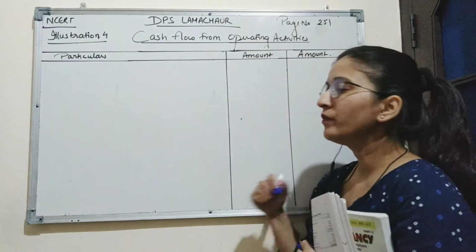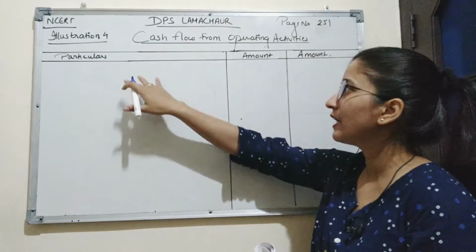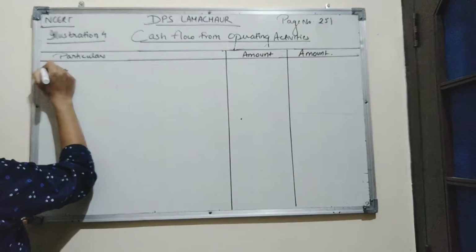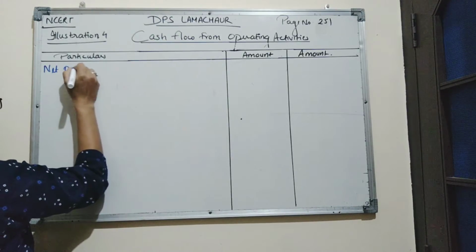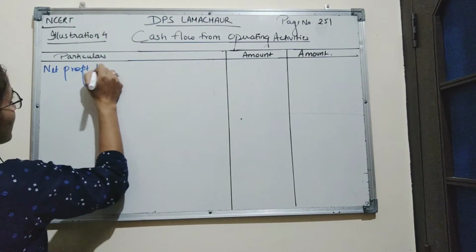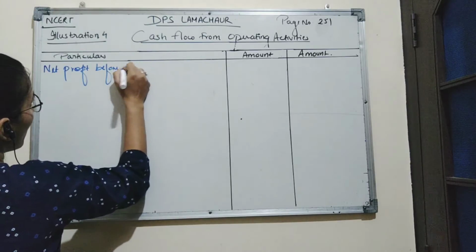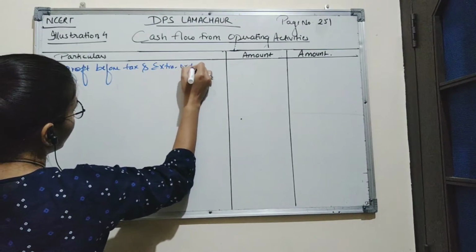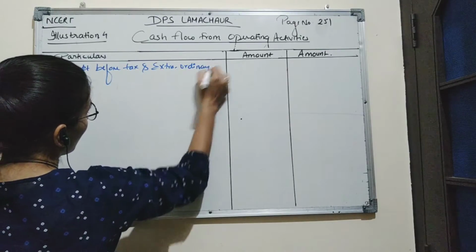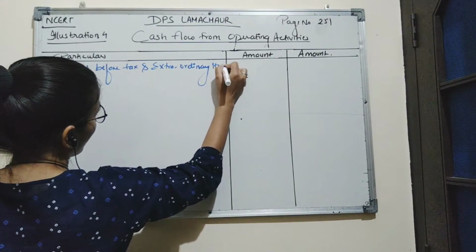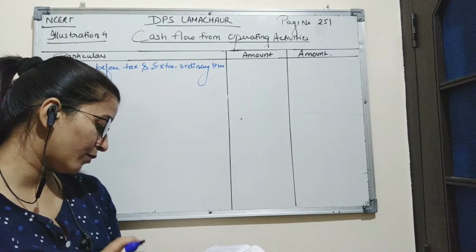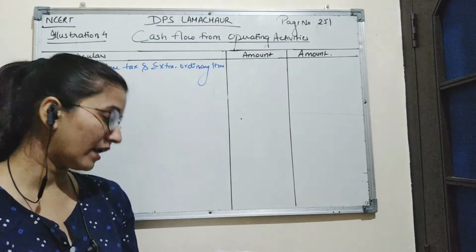Now, as we know, the very first point in cash flow from operating activity is net profit before tax and extraordinary items. So in the question we have been given a profit of rupees 1 lakh.